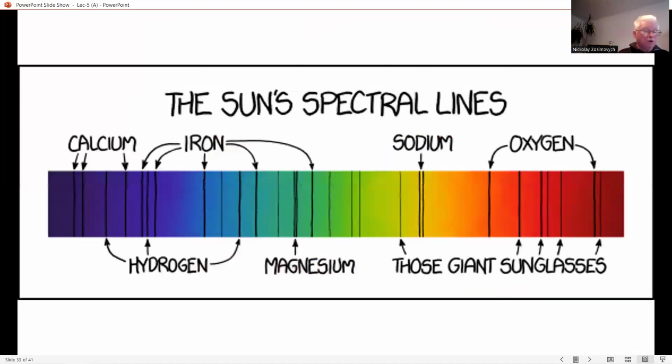This is because the Sun is too cool to produce strong Balmer lines. Astronomers must consider that an element's spectral lines may be absent from a star's spectrum because the star is too cool or too hot to excite those atoms to the energy levels that produce visible spectral lines.